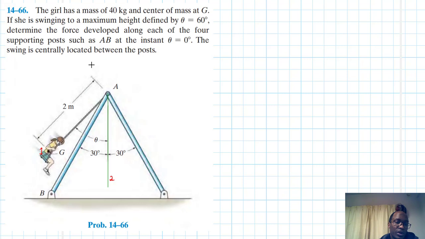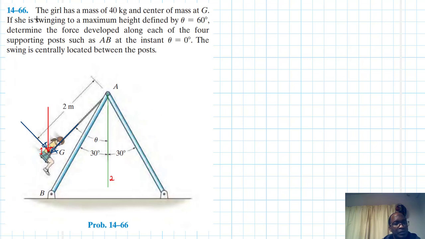Okay, so let's draw the free body diagram. We'll have the weight acting through the center of gravity. And then we are going to have components of this particular weight. One component along that direction like so, and another component in that direction like so.